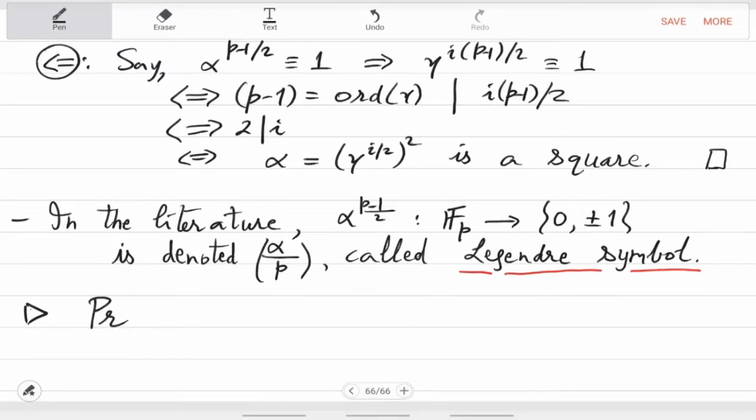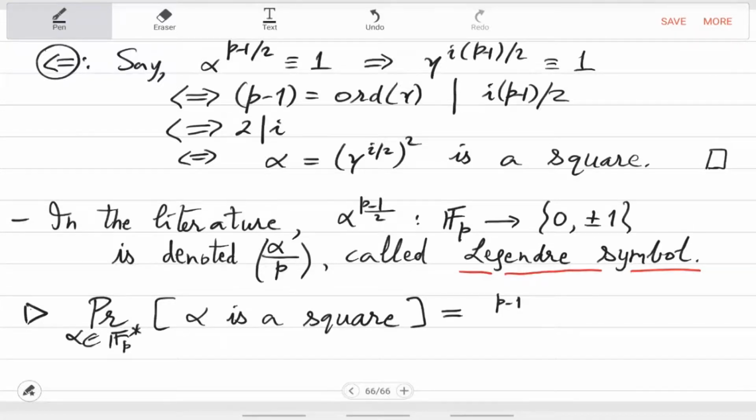So, probability over alpha such that alpha is a square. Let me make it F_p star. We will never take alpha 0. Probability that this is a square is what?